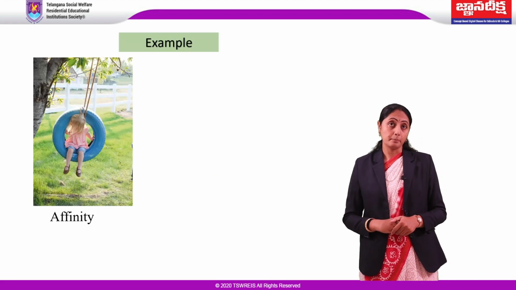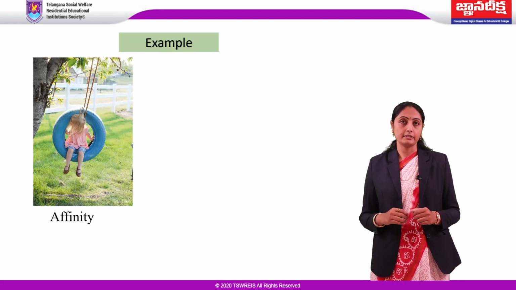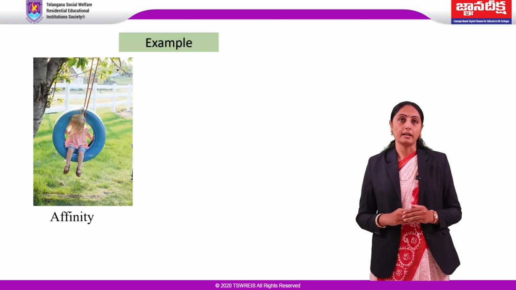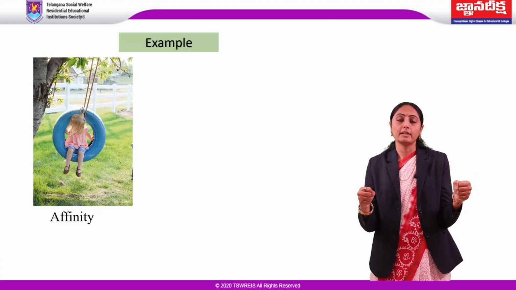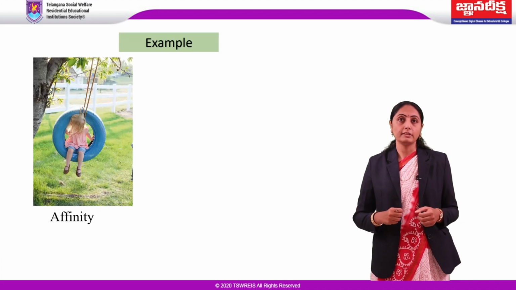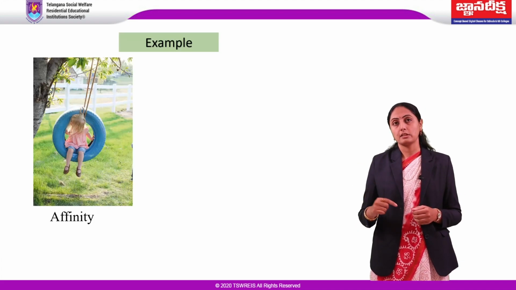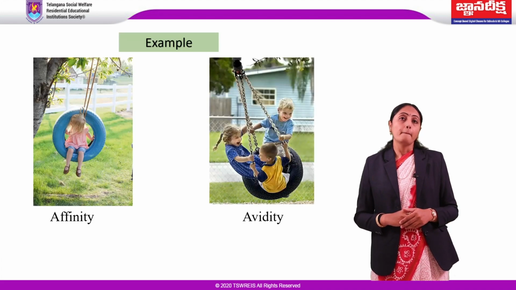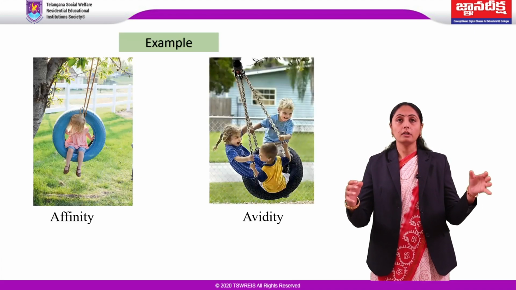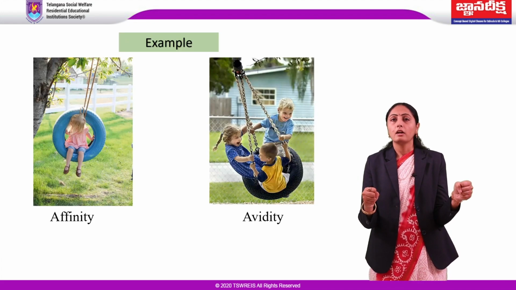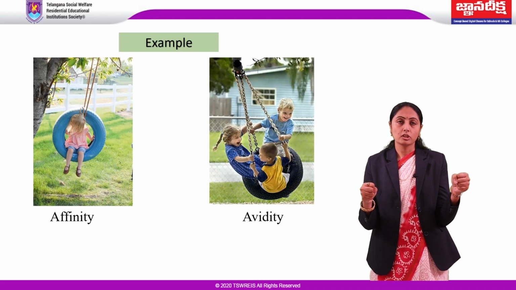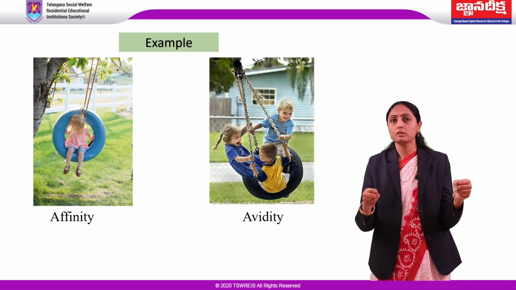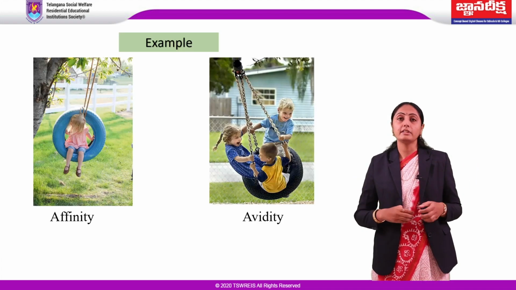Here, if we imagine the swing as an antigen and the child as an antibody, how strongly the child holds on to the swing is an example of affinity, which we can see in the first image. In the second image, we see many children holding on to a single swing. The overall strength with which the kids are clinging on to the swing is an example of avidity.